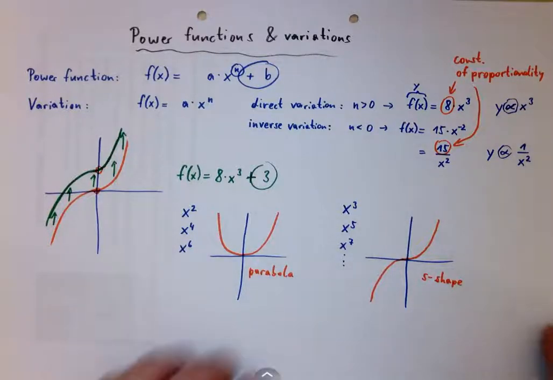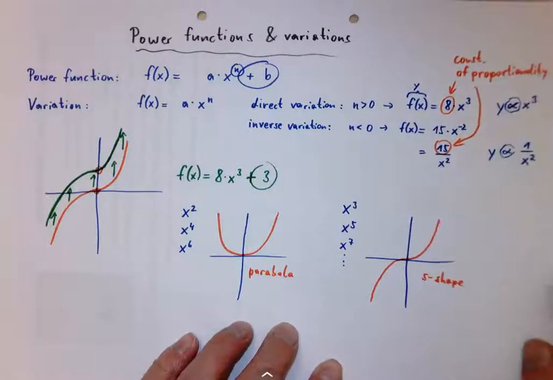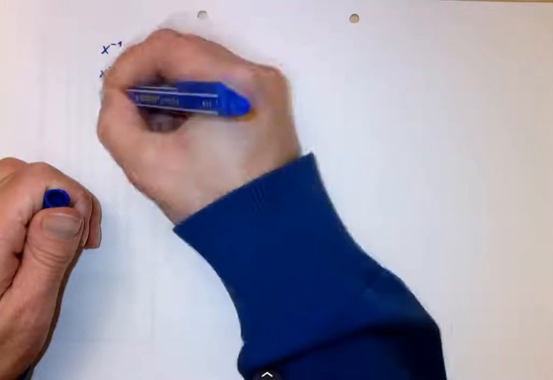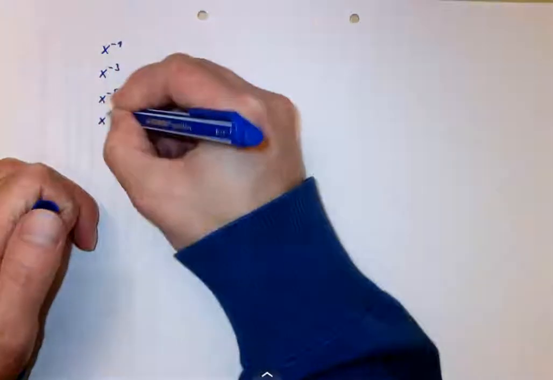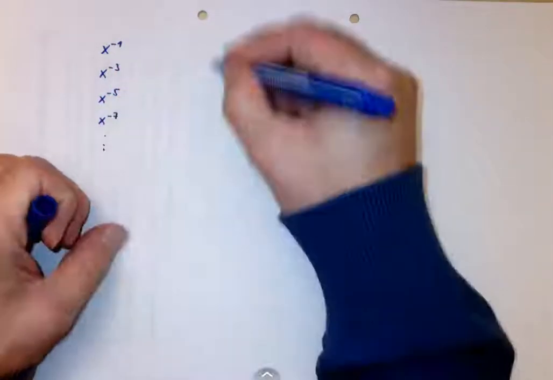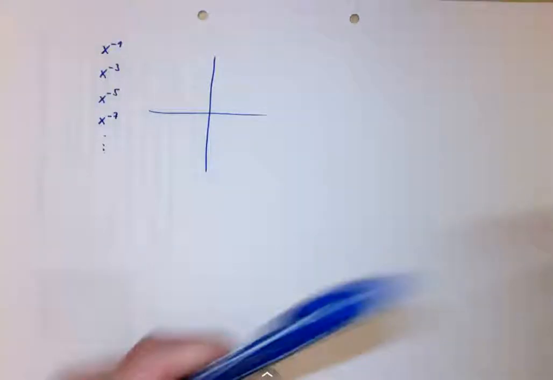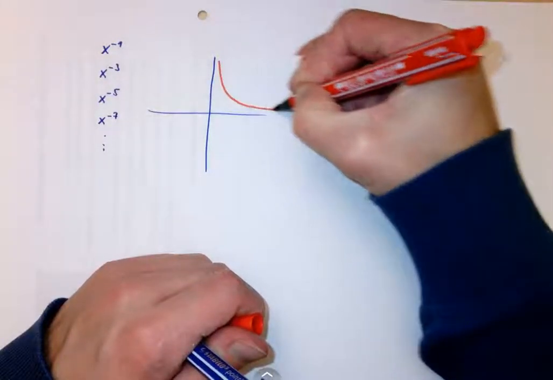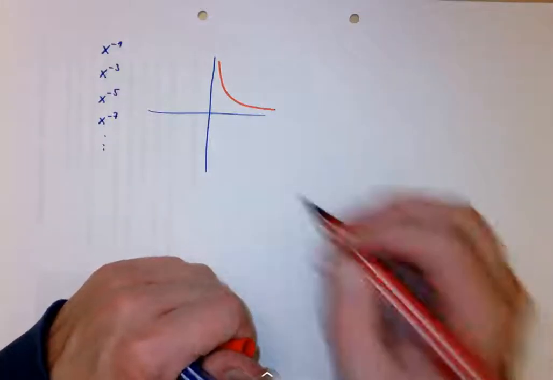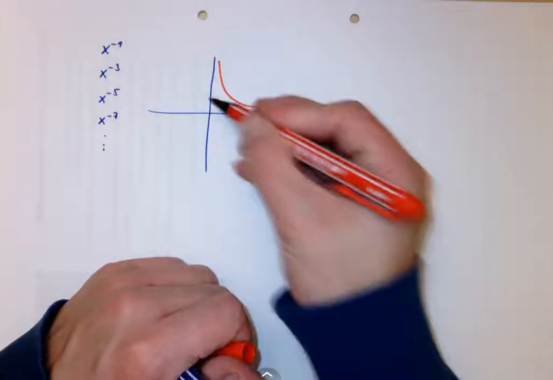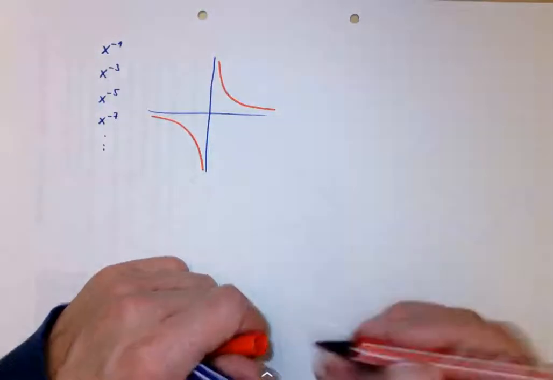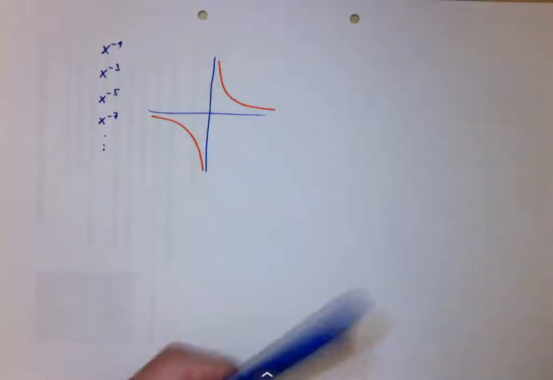What would happen to negative powers? The negative powers, for instance x to the negative 1, x to the negative 3, x to the negative 5, and so on, would look like this. So there would be an inverse variation on this side of the graph, and the same thing reflected downwards in the negative region.